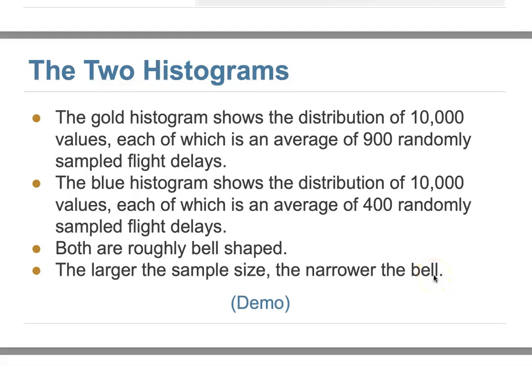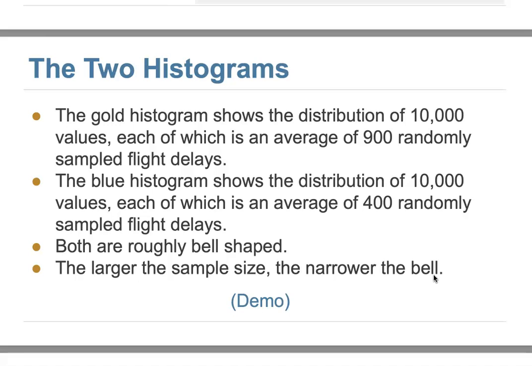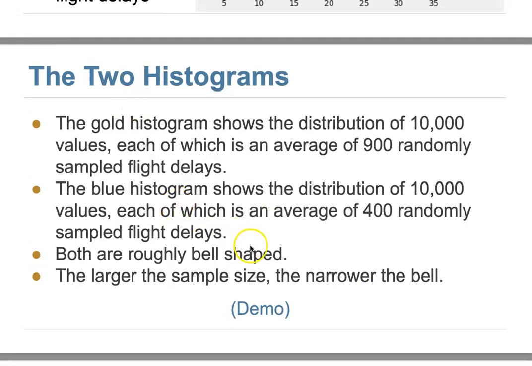So this is what we want to continue to look at. We can see the larger sample size has the narrower bell curve, but how is that important?